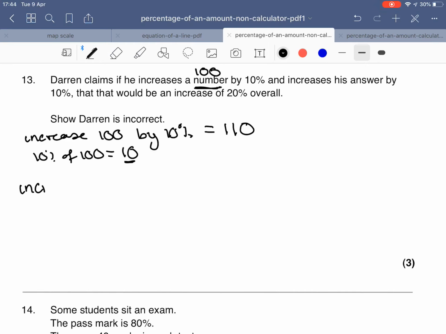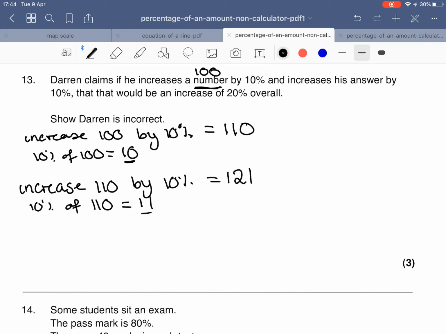So I want to increase 110 by 10%. So I know 10% of 110, we could divide it by 10 to get 11. So I'm going to add 11 and 110 to get 121. So I've got 121. Let's see if that's the same as increasing it by 20%.